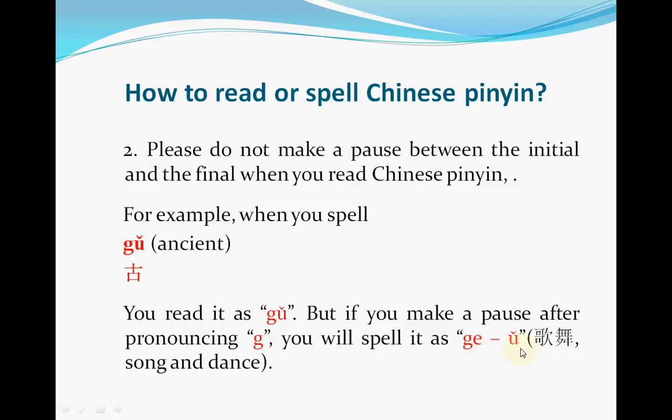This will be two characters. That means song and dance. The totally different character. Okay? That means when you pronounce it, you pronounce the initial and the final and do not make any pause. And at the end of the spelling, you just read the initial and the final together.